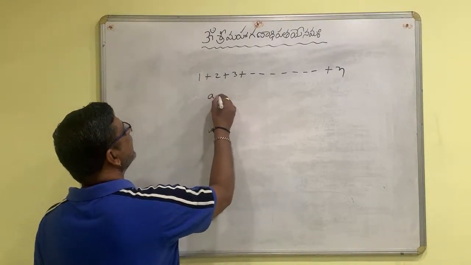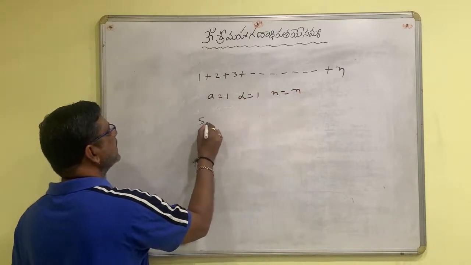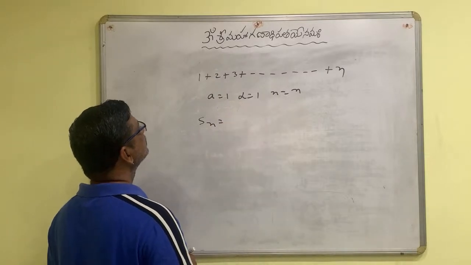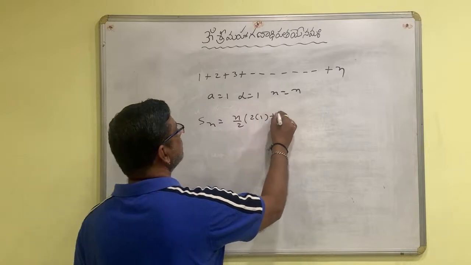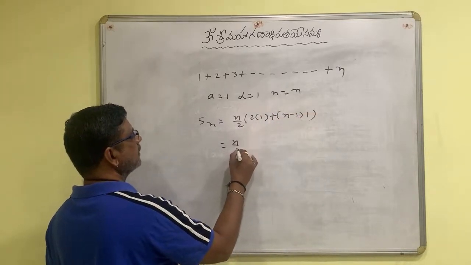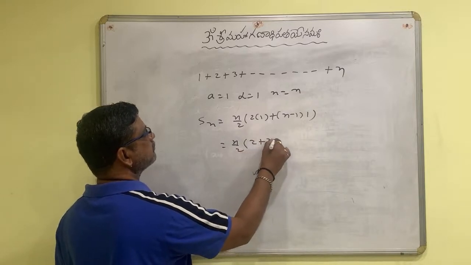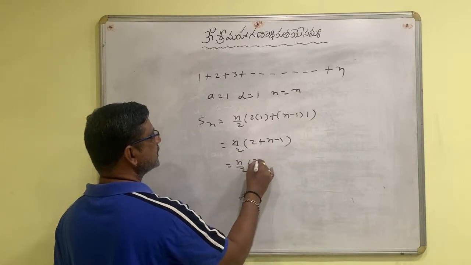So a is 1, d is 1, n is n. Sn is n by 2 into 2a plus n minus 1 into d. That is n by 2 into 2 plus n minus 1, which is n by 2 into n plus 1.